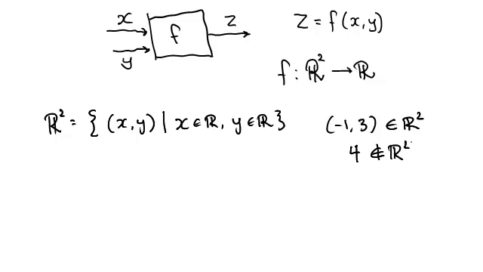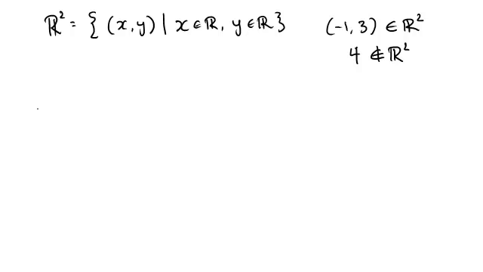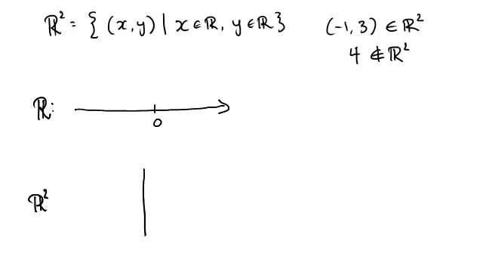For example, minus 1, 3 is an element of R2, while 4 is not an element of R2, it's an element of R. When we think about the real numbers R, we typically visualize that set as the real number line, like this, where each element in R corresponds to one point along this line. In a similar fashion, when we want to visualize R2, we think about that as the plane, or a Cartesian coordinate system with one variable along the horizontal axis and the other variable along the vertical axis.